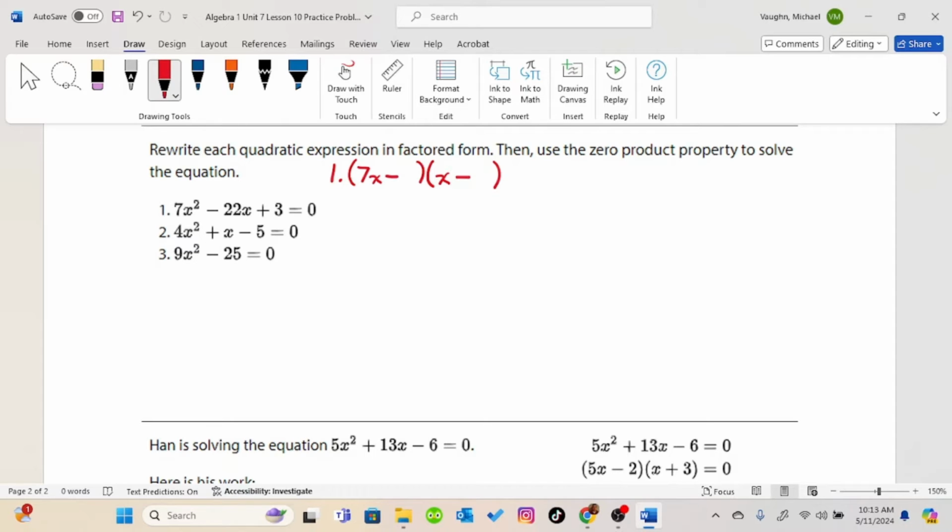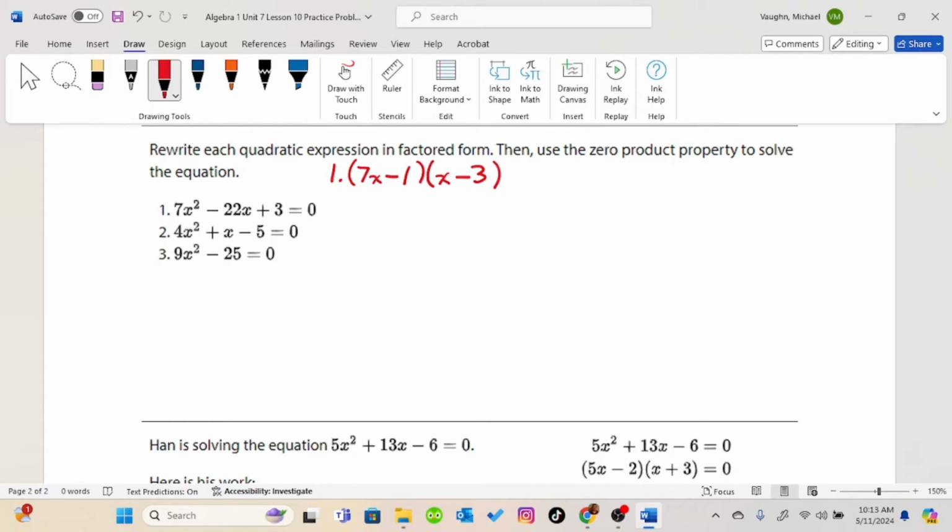And now I need factors of 3 that when one of them is multiplied by 7 and the other is multiplied by 1, and they are added together, they will create negative 22. So I am going to put the 3 opposite of the 7 and the 1 in the remaining spot.